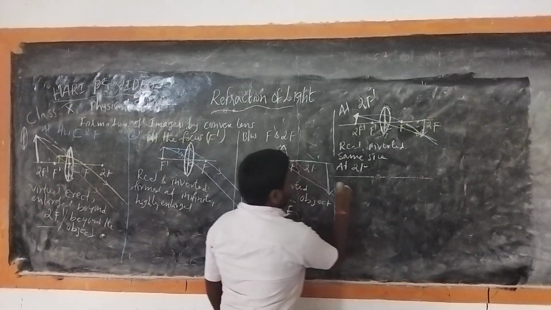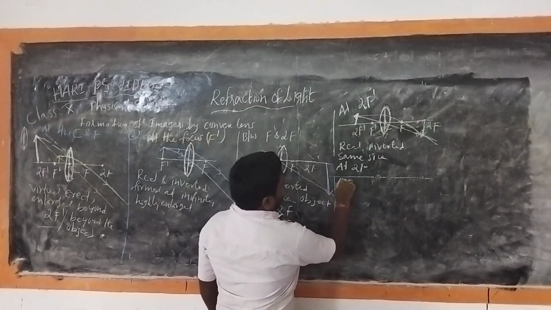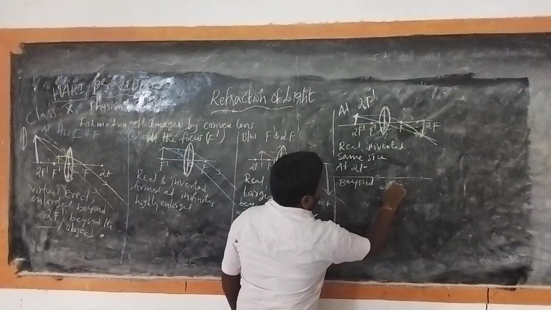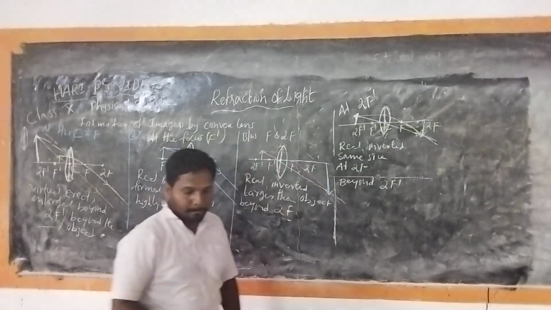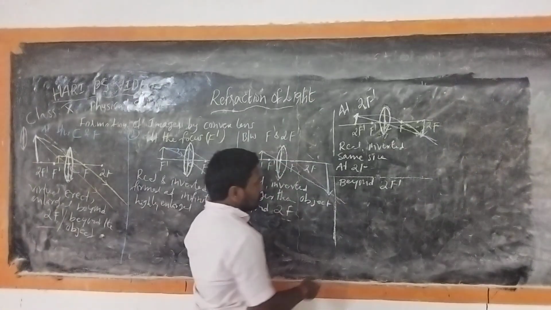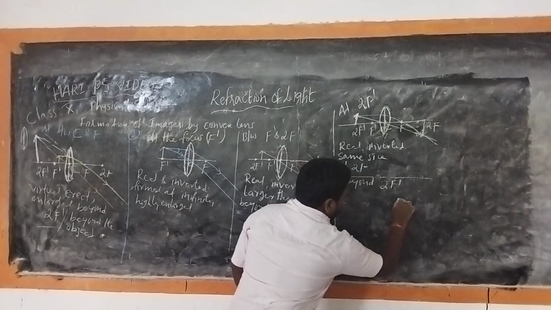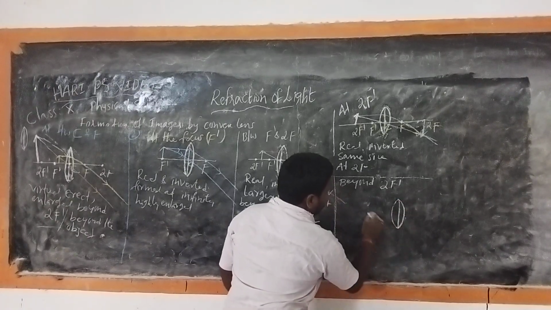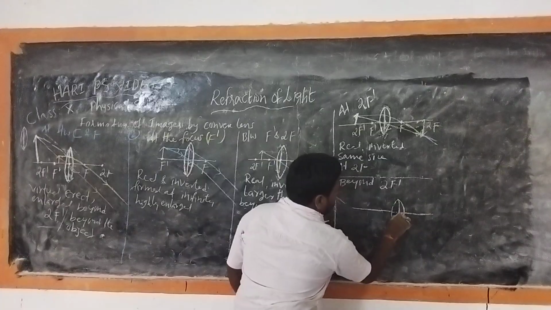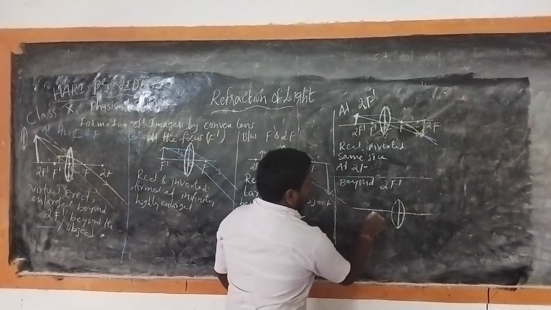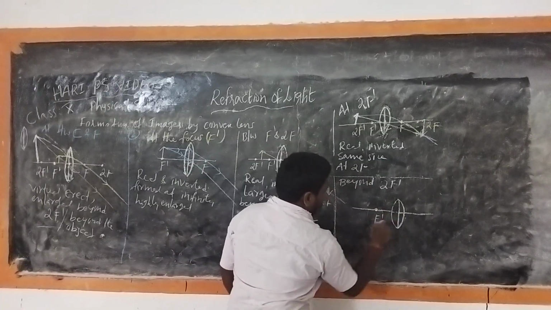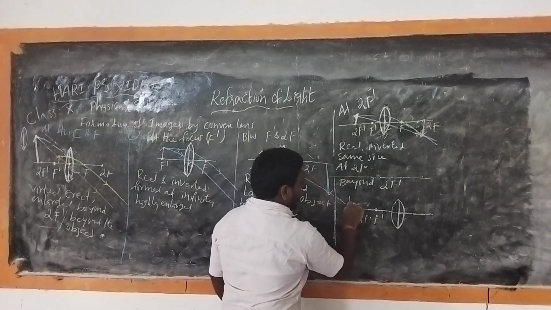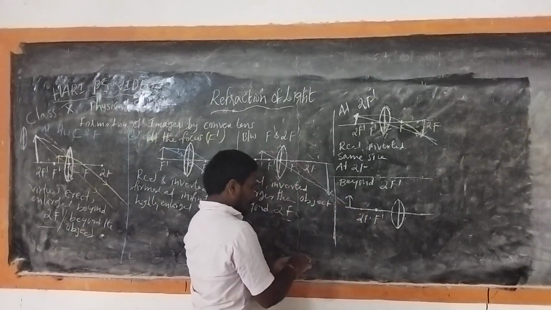Then coming to the next case, the object behind 2f. A convex lens, principal axis, optic center. Here f dash, 2f dash, and the object is placed here.